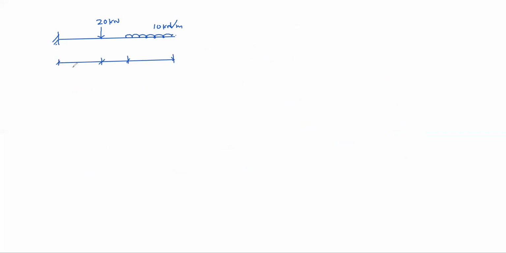Let us take this as 2.5 meter, 2 meter, 3 meter, with points A, B, C, D. Of course, if you can find the reactions, that would be better. Total load is 10 into 3, 30, plus 20, that is 50 here. Horizontal is 0.